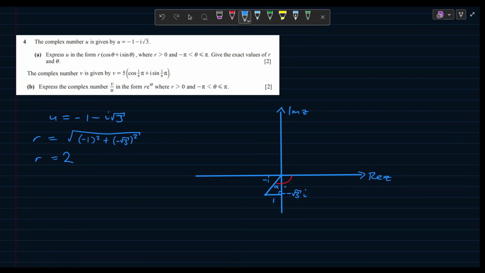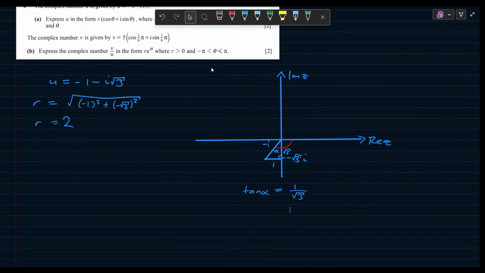Our adjacent is the distance traveled in the imaginary axis, that's root 3. So we can say tan alpha is equal to opposite over adjacent, so 1 over root 3. So it means that alpha is equal to arctan of 1 over root 3.